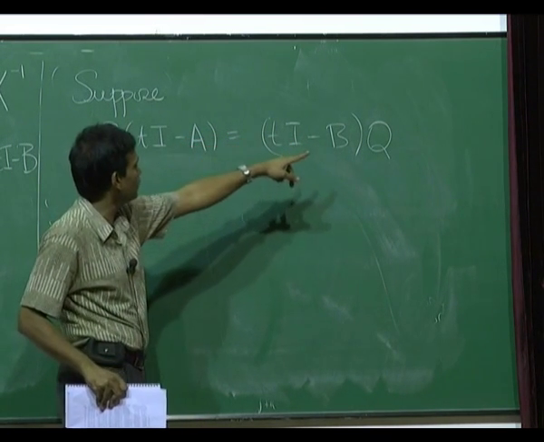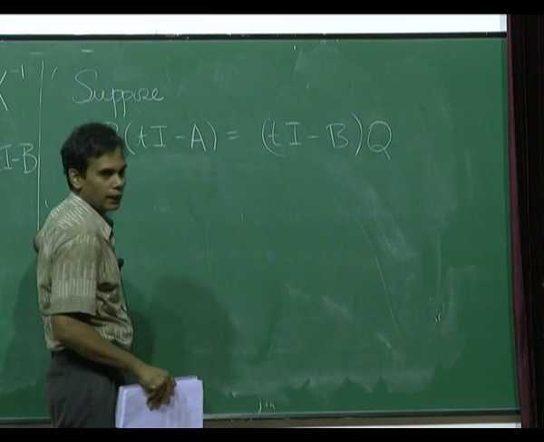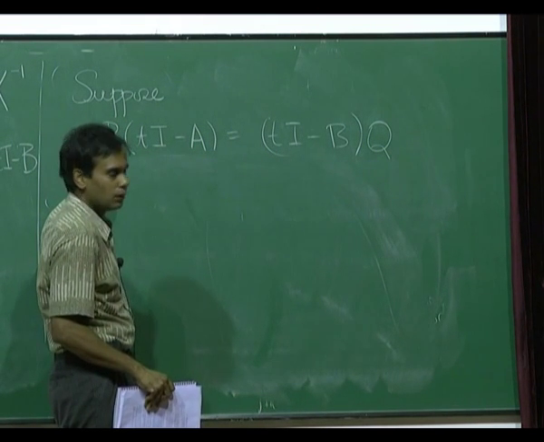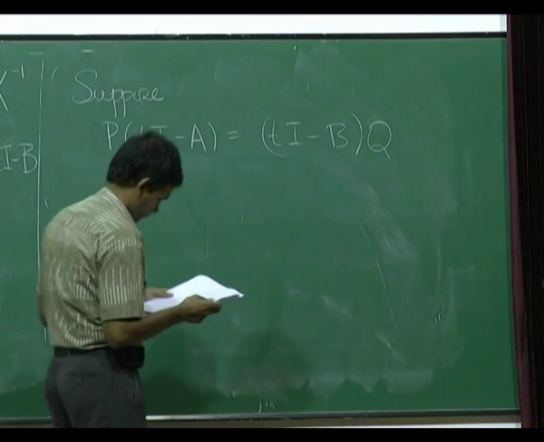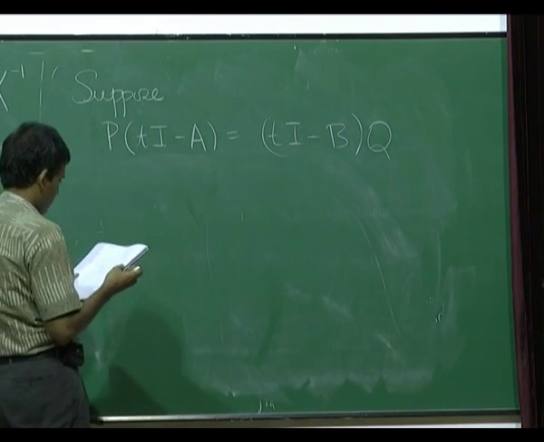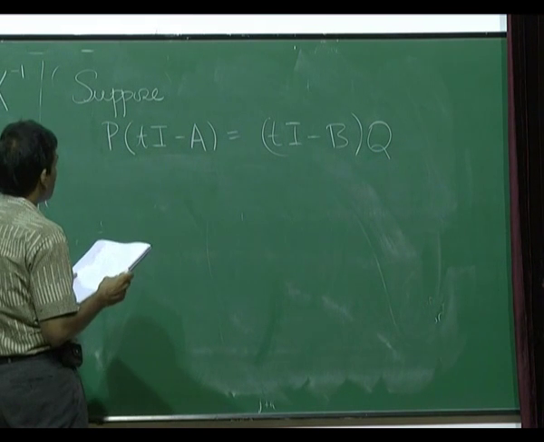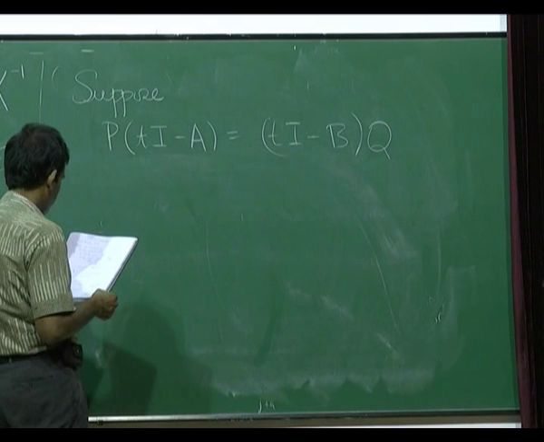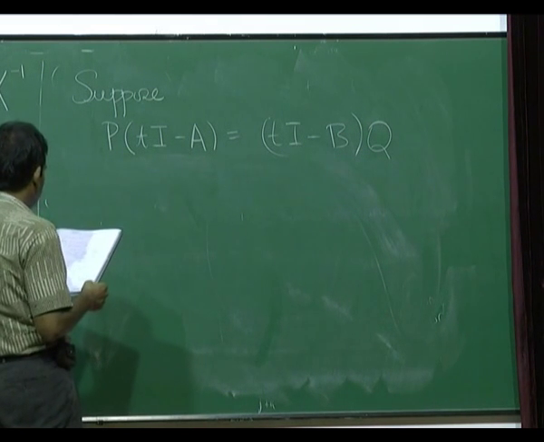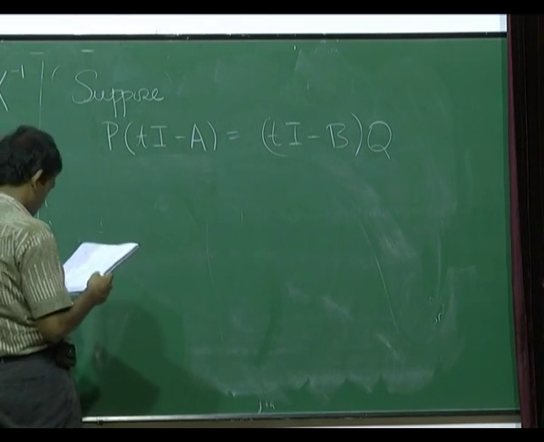So you can just take Q to be Y inverse and P to be X. It's the same thing. Okay, and we are assuming that this P and Q are polynomial matrices and they are invertible. Okay, we want to show that A is similar to B.